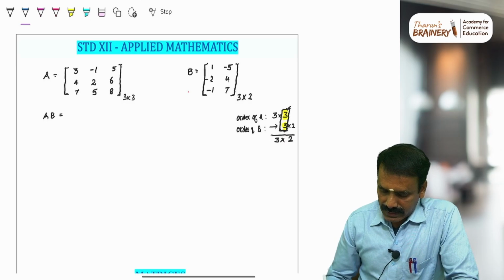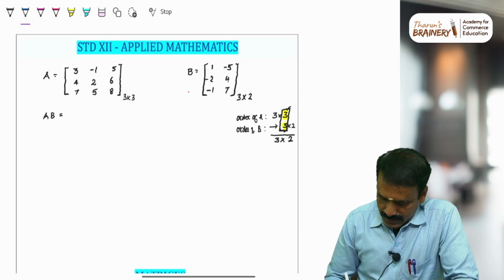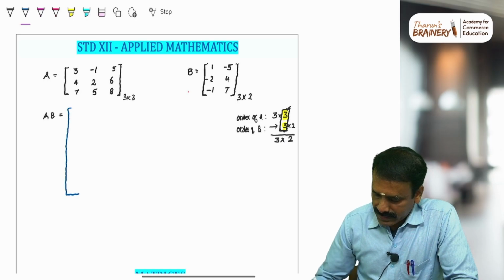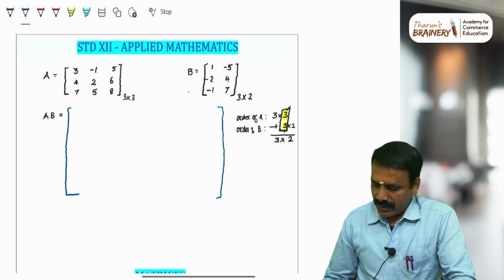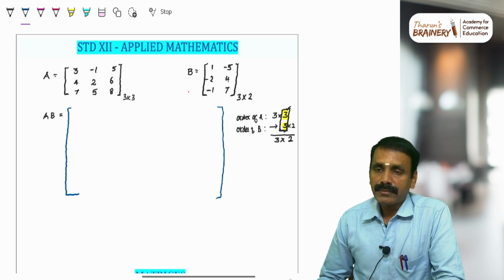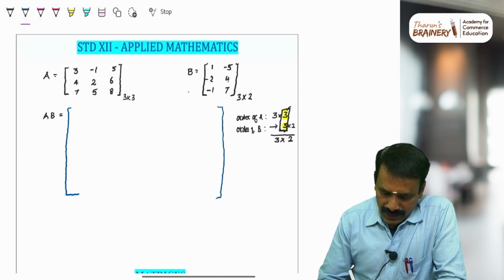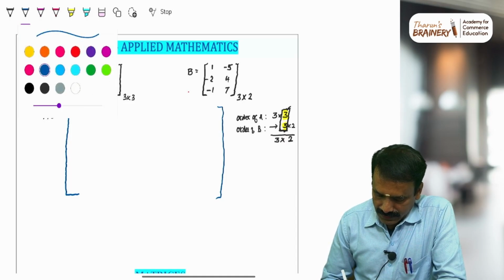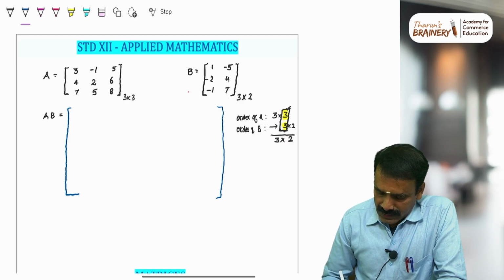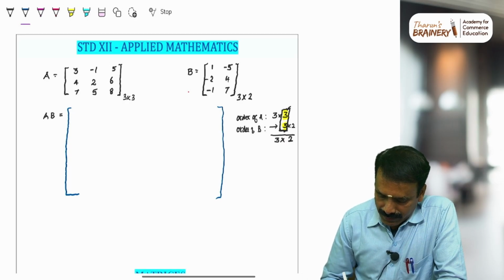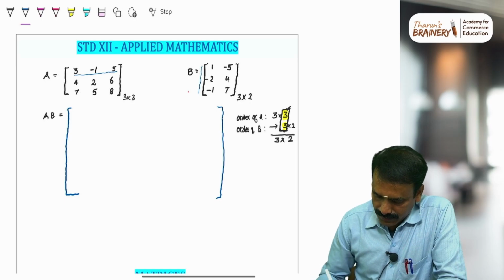Now let us calculate the product. Is it clear? To understand better, I write one step in between showing how the product is performed, to make ourselves comfortable in calculation. So this is the first row, first column element. So we multiply the first row with the first column.